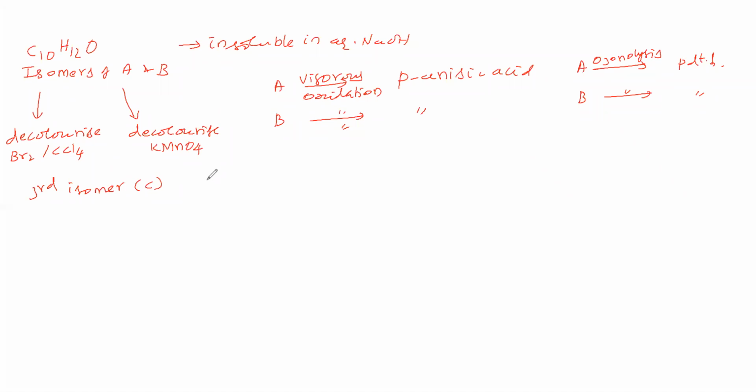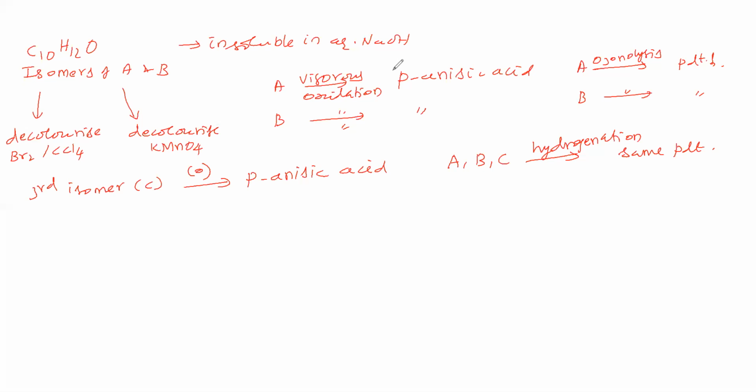That is C. That on oxidation gives para-anisic acid. This isomer A, isomer B and isomer C, all on hydrogenation give the same product.